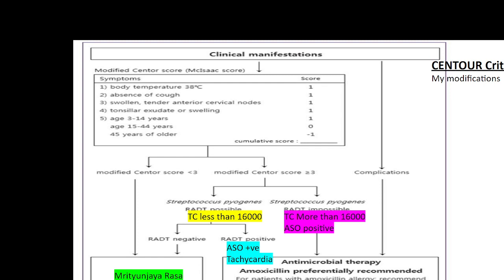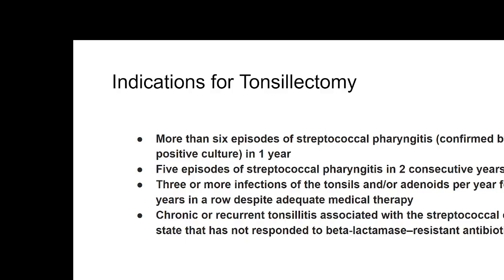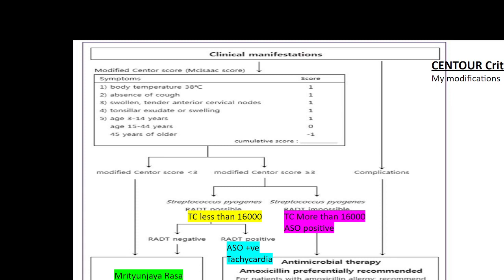Along with the antibiotic, if we give Mrityunjaya Triphala Kasayana, the total duration of treatment can be reduced, and penicillin prophylaxis is absolutely not necessary in such conditions, provided the patient takes care of food and lifestyle.